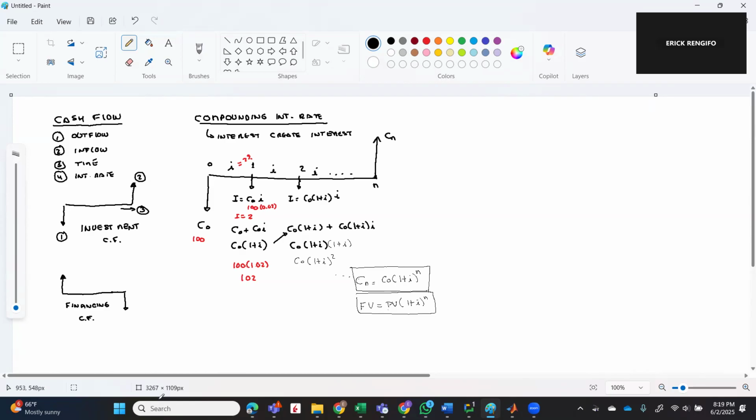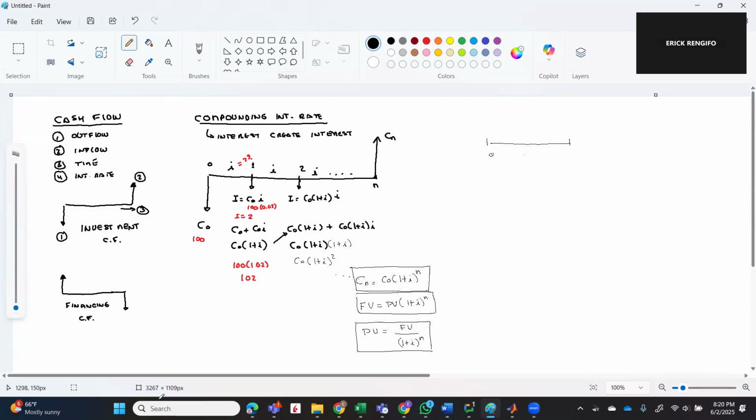And also in economics, we don't normally use this equation, but we use a variation that we call PV. PV is going to be equal to future value divided by (1 plus I) to the n. This is normally the equation that we use in finance and economics. We have two operations.